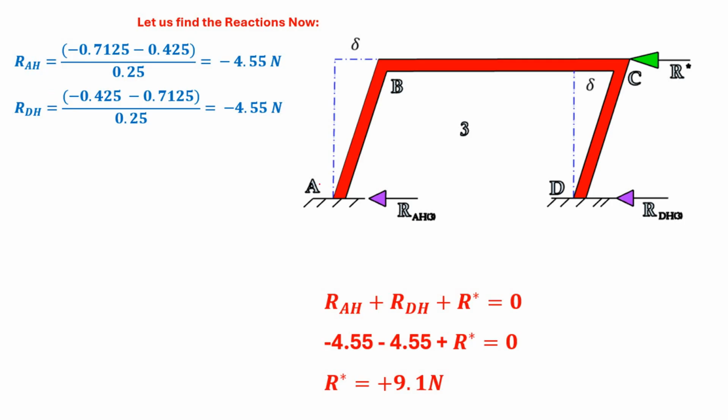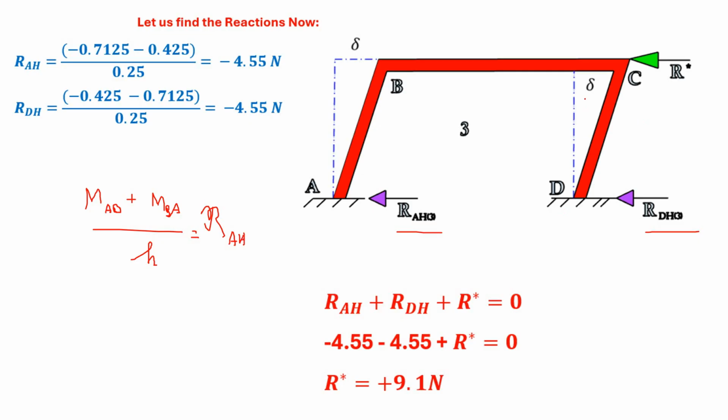Using this, you estimate the value of RAH and RDH. That is nothing but the summation of moments divided by H. That is, the summation of MAB plus MBA divided by H equal to RAH.